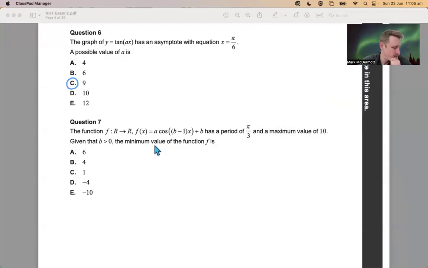Question 7. The function f of x equals a cos((b minus 1)x) plus b has a period of pi on 3 and a maximum value of 10.